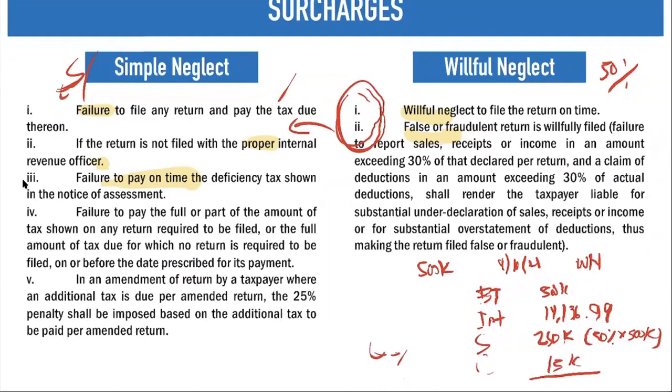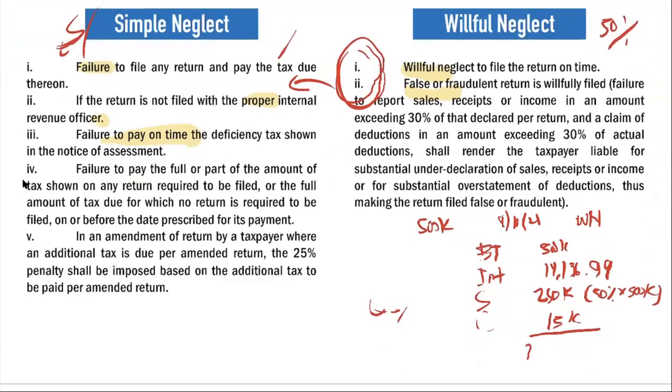So let's add the total tax due: 500,000 plus 14,136.99 plus 250,000 plus 15,000. We have here 779,136.99. Okay, this is your total tax due.